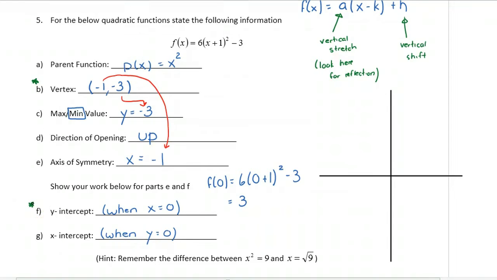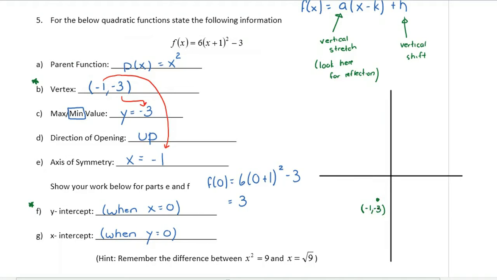So again, with a quick sketch, there's no need for any values on here. You're just going to go, I'm going over 1, down 3, and this is my vertex. So the next thing I do is I say, okay, that's over 1 down 3 approximately, and I'm actually going to write that right in. It's important with a quick sketch that you actually write these values in.